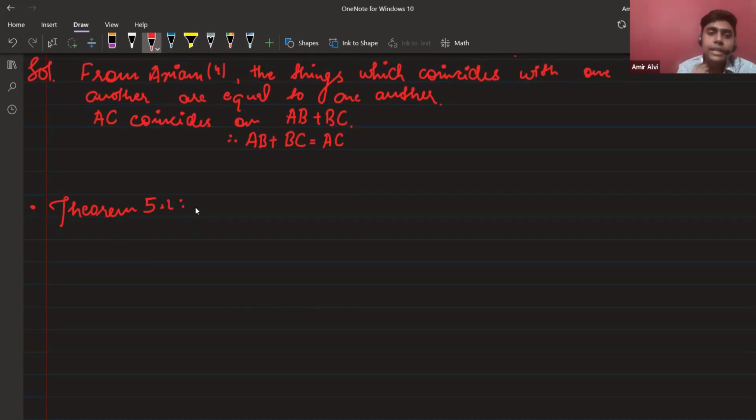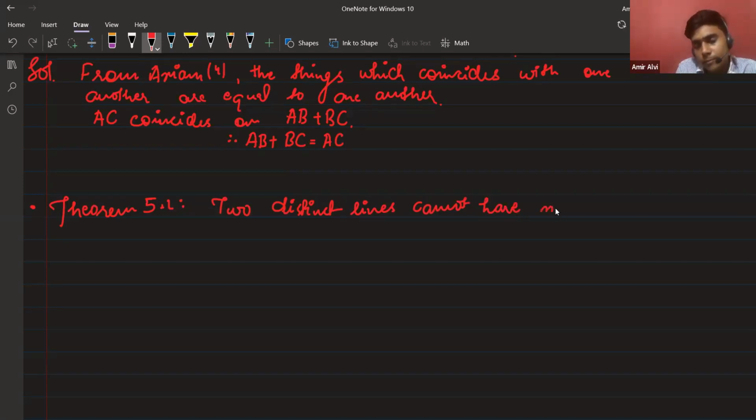The theorem says that two distinct lines, two different lines, cannot have more than one point in common.